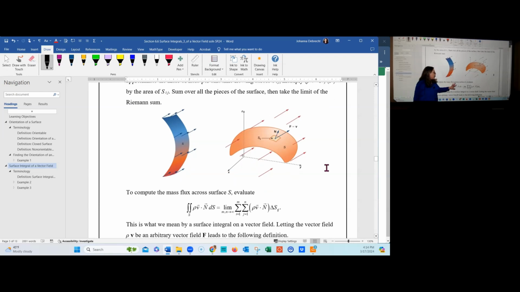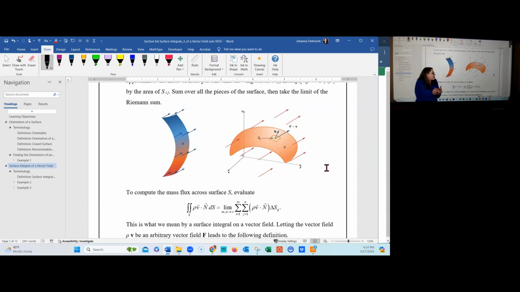To compute mass flux across a surface S, we're going to divide the surface by cutting it into small pieces. Ours are going to be small parallelograms spanned by the directional derivatives. We can say that we're cutting it into m pieces in one direction and n pieces in the other direction.